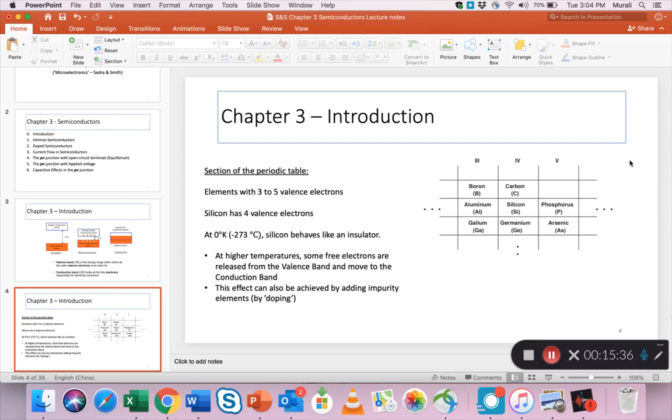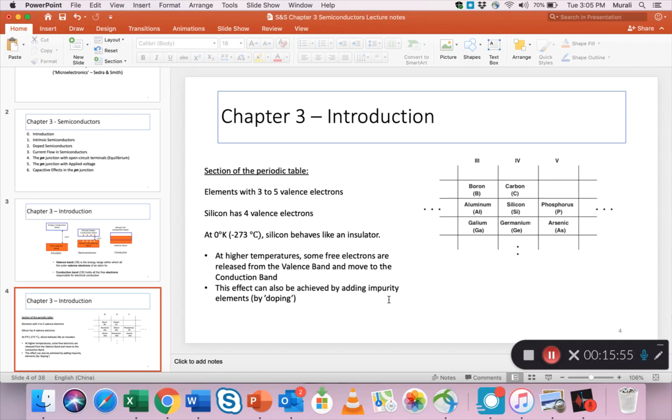But they have a certain type of atomic structure which helps to also make more electrons available in silicon for conducting electricity. Okay, so that process is called doping.